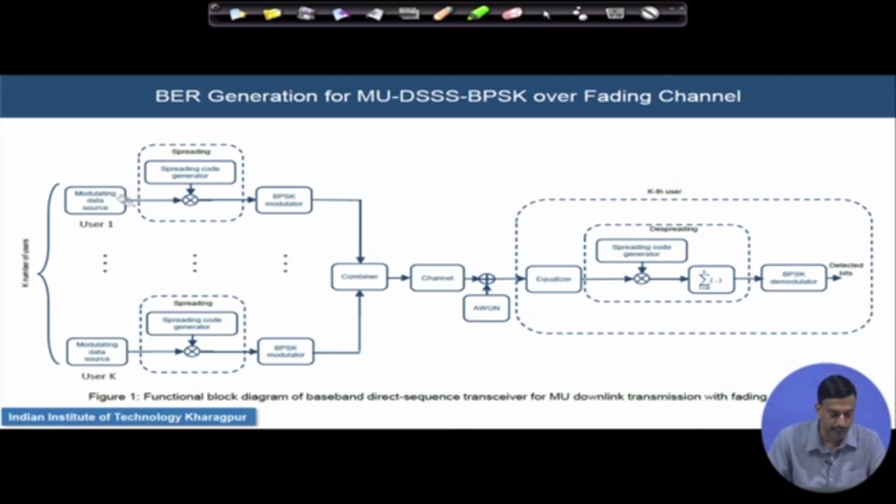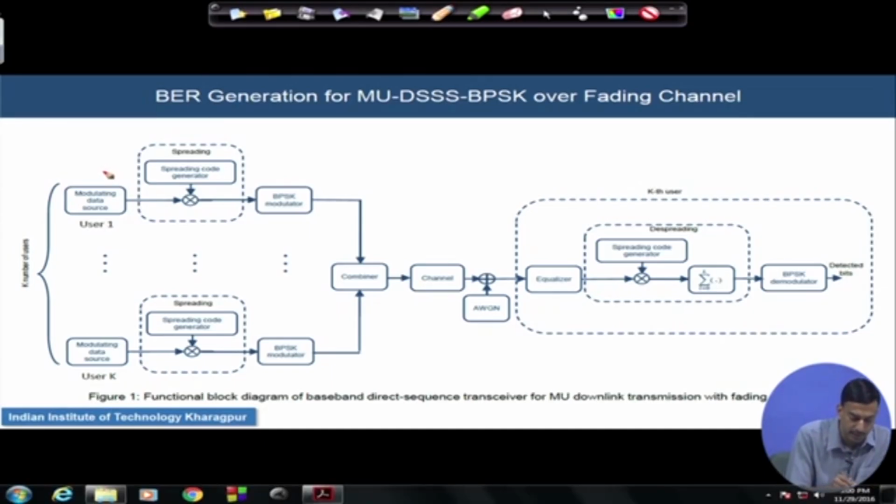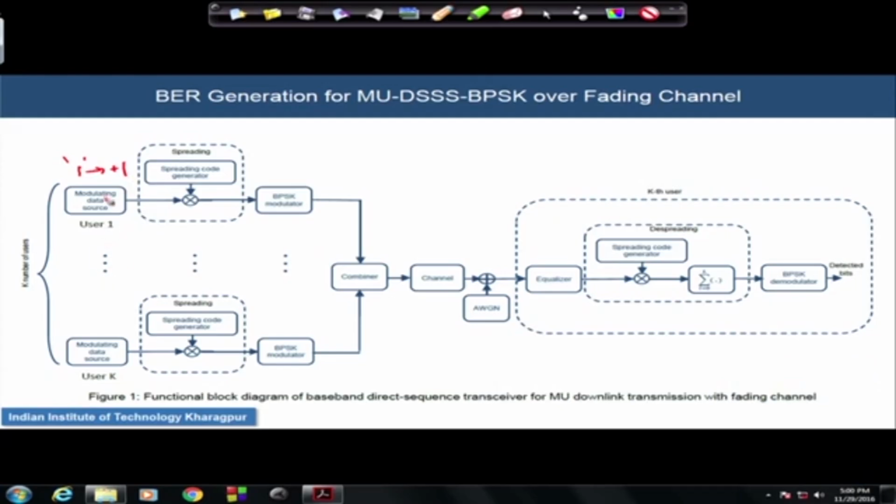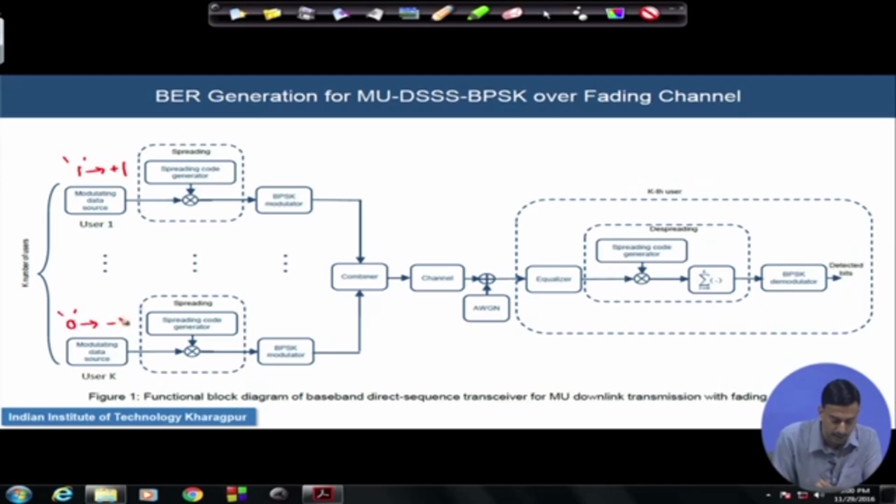So once again, remember that the modulating data source will emit a binary stream of bits. For example, if a binary bit 1 is sent, then this is going to be mapped to a bipolar signal level. Let's say some other user wants to transmit a 0, then the bipolar representation of this could be -1.